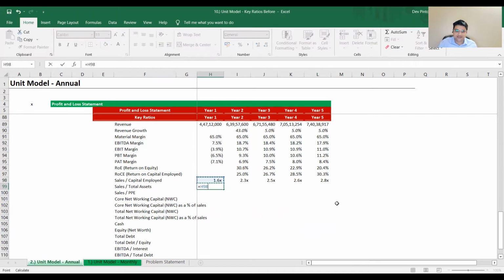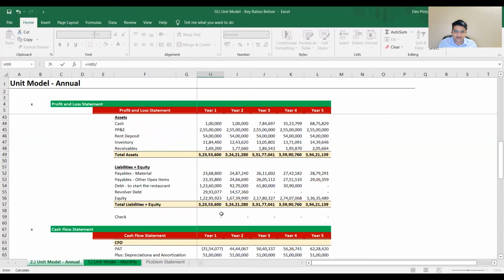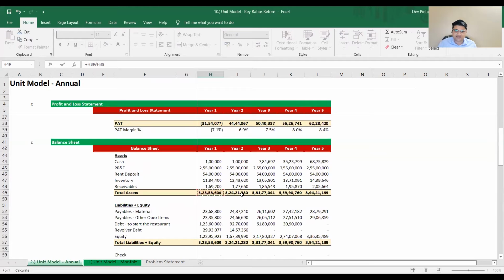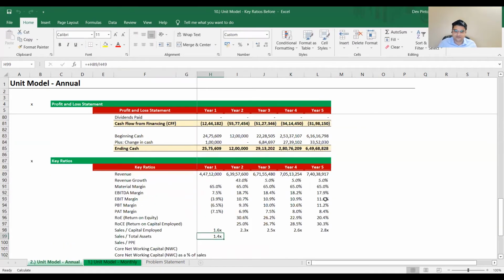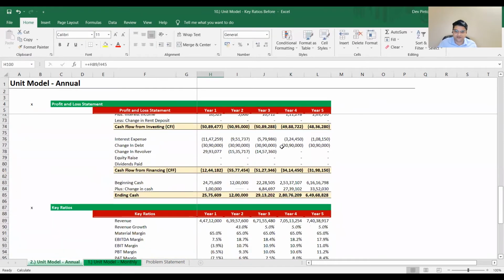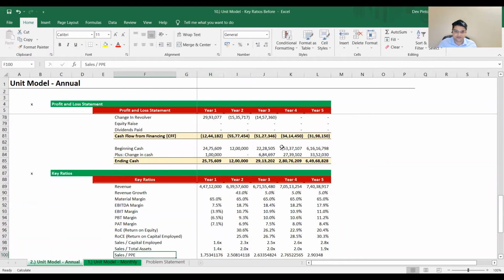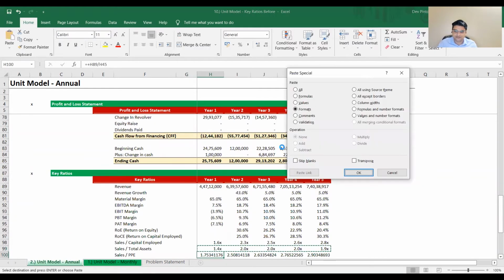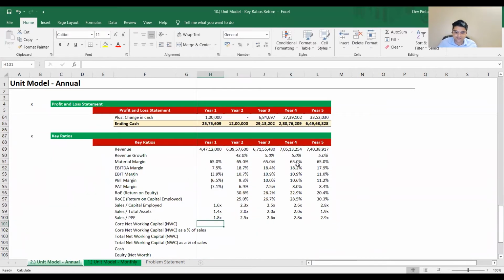Sales by total assets. Let's take revenue and divide it by total assets. Next is sales divided by PP&E. Nothing but this. Next, we have core NWC.